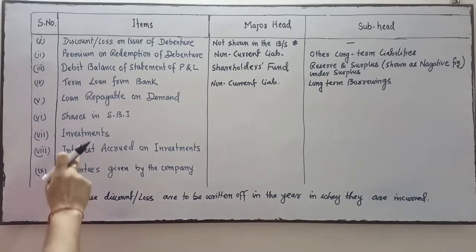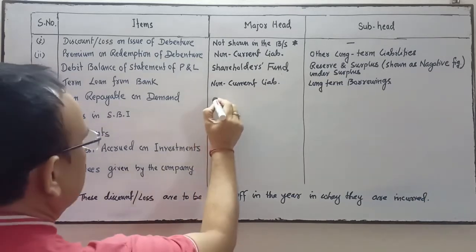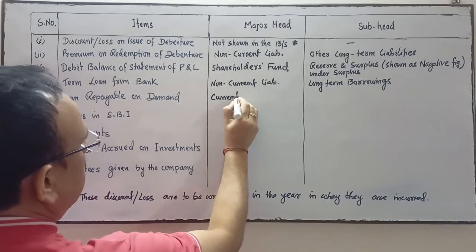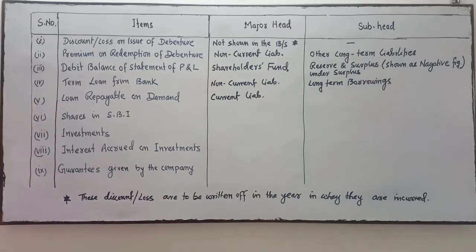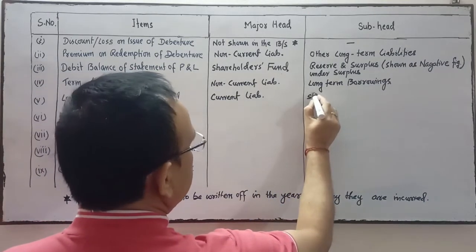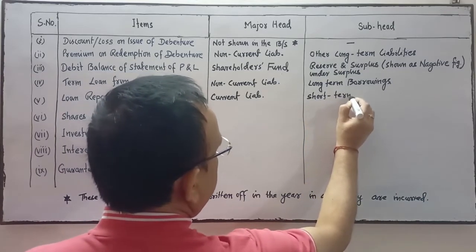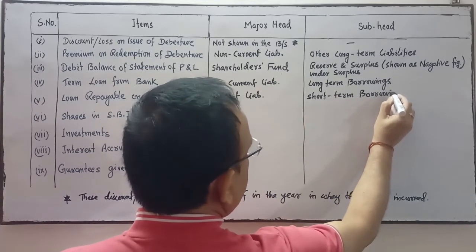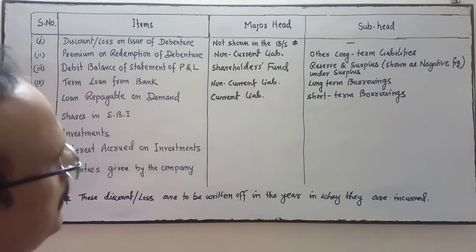Next is loan repayable on demand. It's a current liability. It comes under the heading current liability, and it is shown as short-term borrowings.